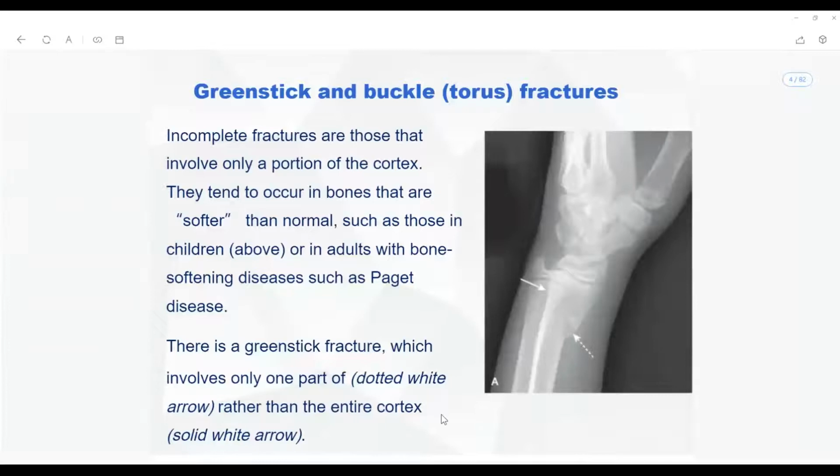Okay, so remember the classification of a greenstick fracture from a buckle fracture is based upon the involvement of the cortex, and also the position of the cortex into the other part of the bone. That is how you are going to find it out.